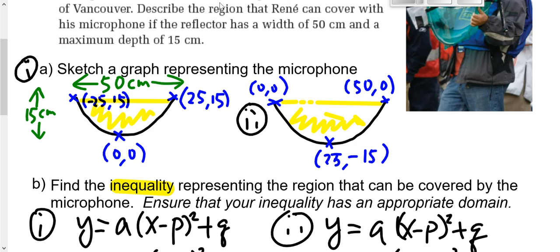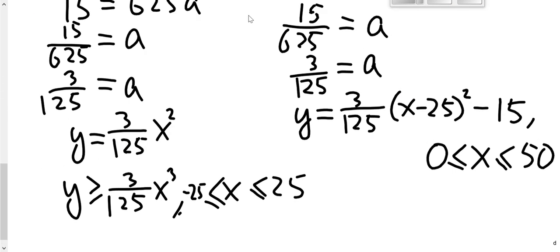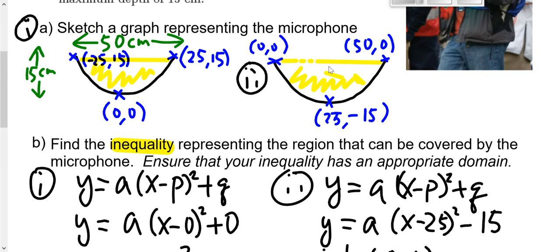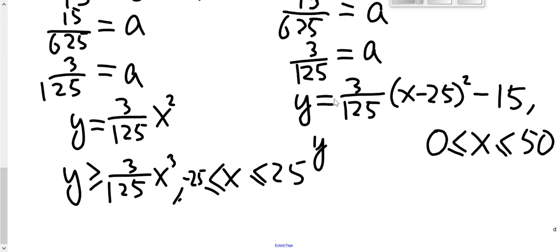And of course, we need to change that to the inequality sign. So same thing, this is above the graph. So y is greater than or equal to 3 over 125 times x minus 25 squared minus 15.